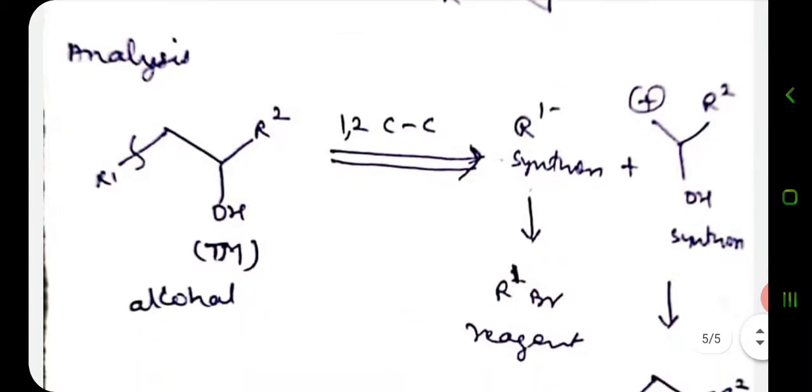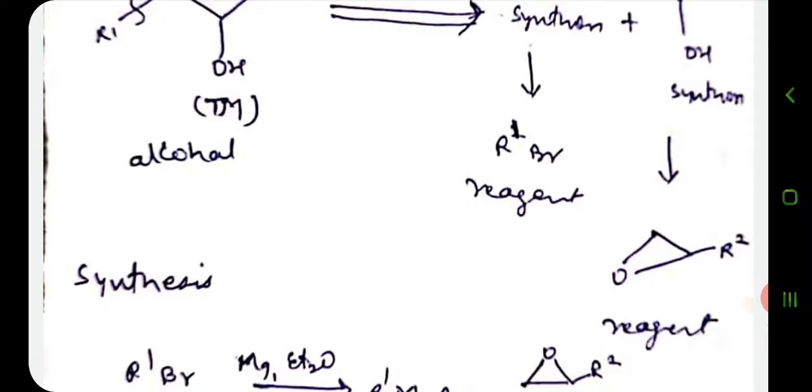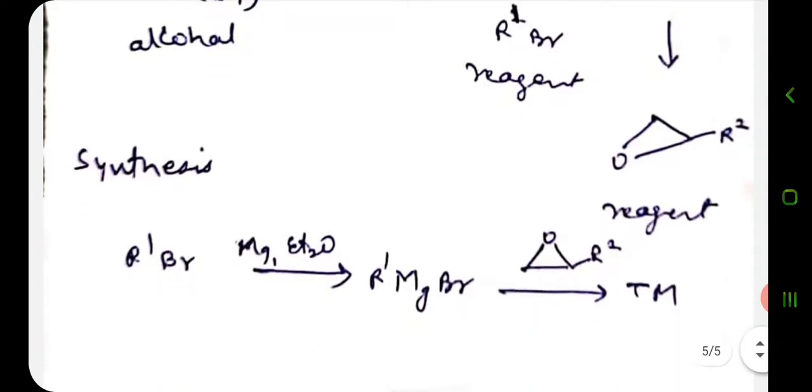In the reaction, we can see the disconnection is between the carbons of the alcohol. It gives the synthons and reagents, and then they give the target molecule. We can explain with the target molecule.